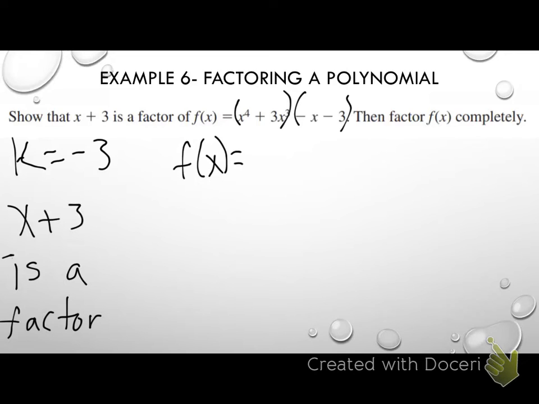So what would be the GCF of these first two terms? X to the third. X to the third times what would give me x to the fourth? X, right? And then x to the third times what would give me 3x cubed?